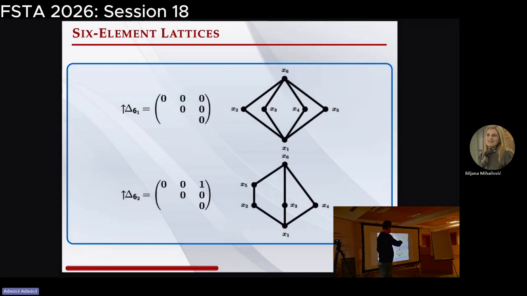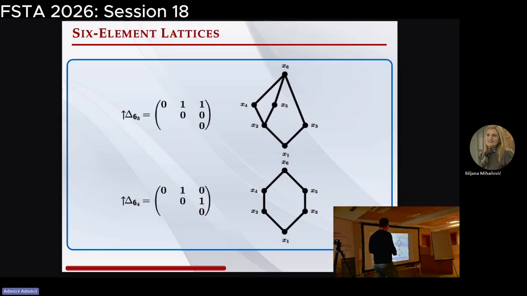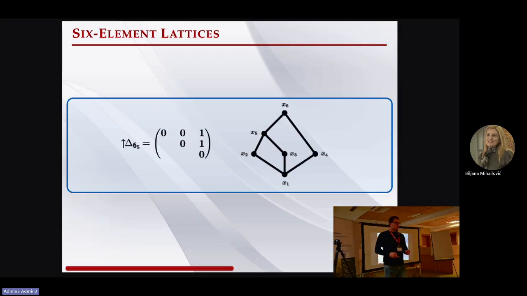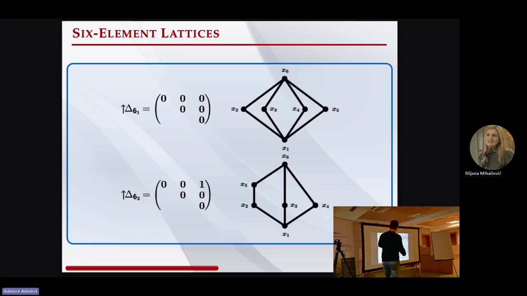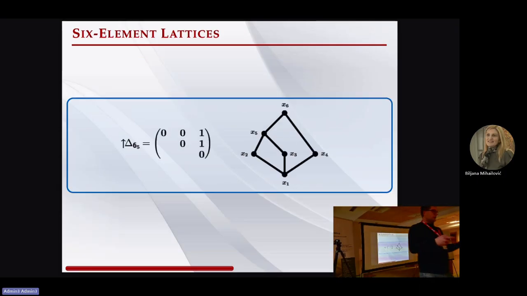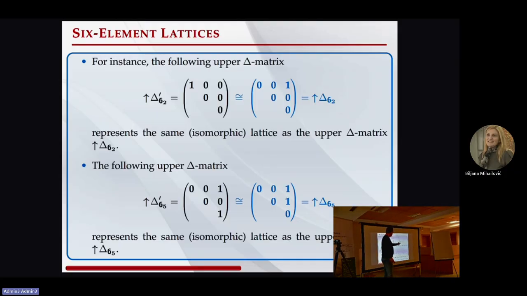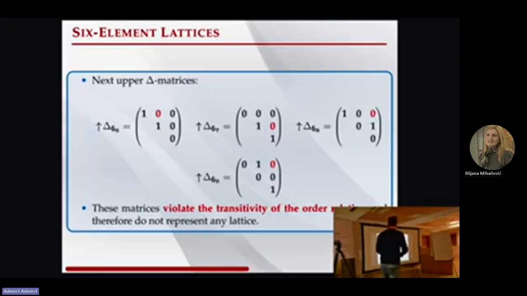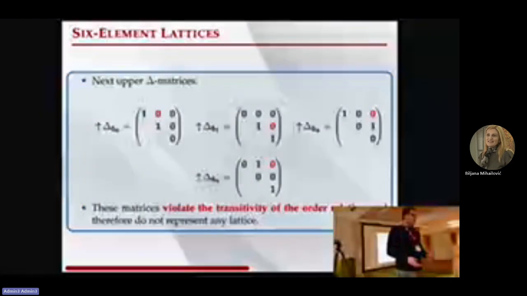The first matrix represents the 4-dimensional diagonal. Second matrix, third matrix, fourth matrix, and fifth matrix. We can see that we construct matrices by the number of ones. On the other hand, of course, between these matrices exist wrong matrices. For example, these matrices represent an isomorphic lattice, or this one, or these matrices violate the transitivity.